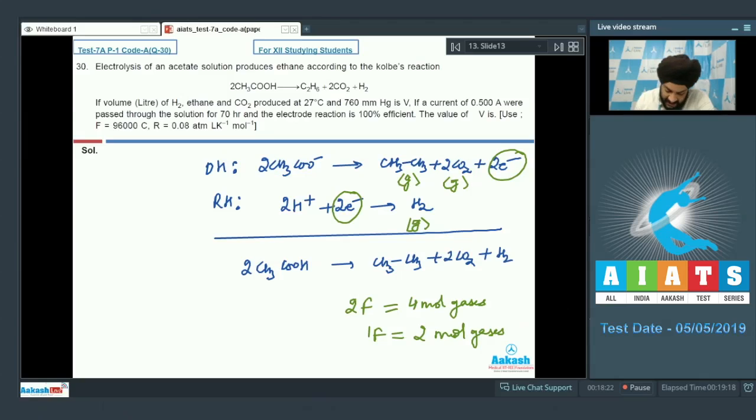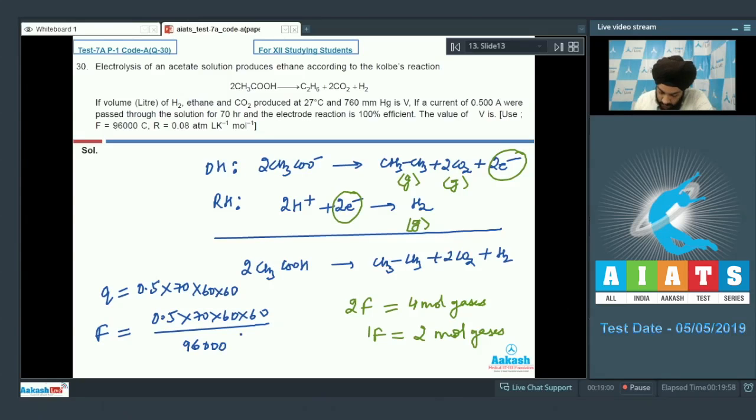So we can now have the charge. Q is equal to I into T. It is given to us that a current of 0.5 ampere is passed for a total duration of 70 hours. So the 70 hours has to be converted into seconds. So 70 into 60 into 60. So we can now have the value of the Faradays. It will be given by 0.5 into 70 into 60 into 60 divided by 96000.